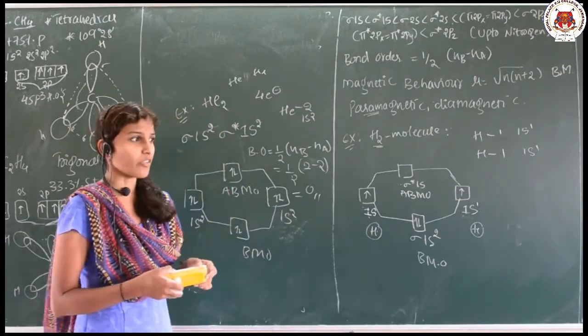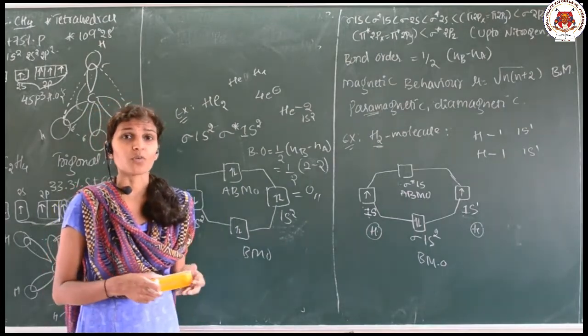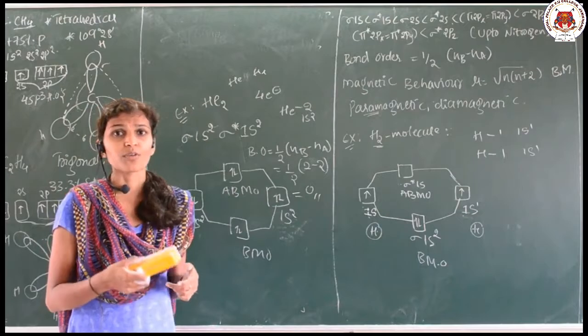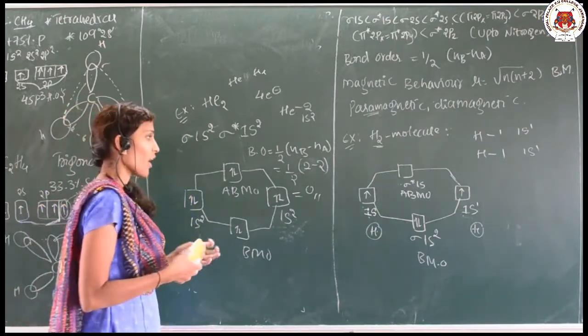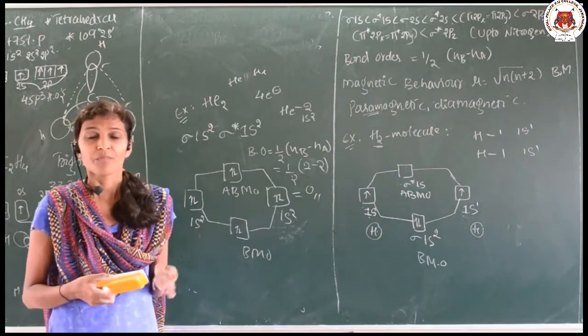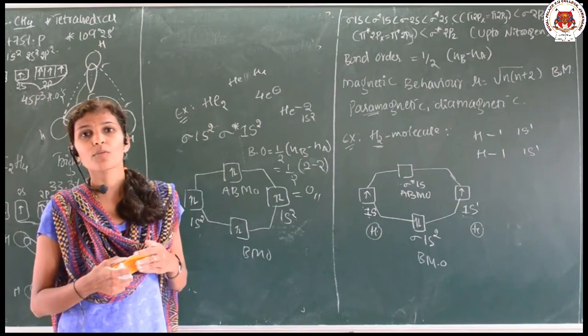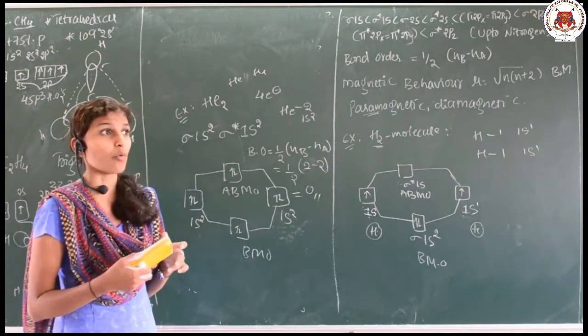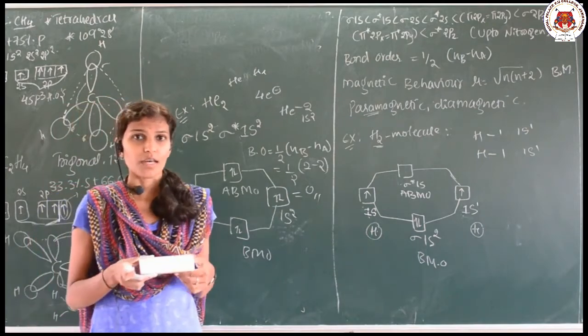Many times I have said hydrogen bond is formed between hydrogen and highly electronegative atoms like nitrogen, oxygen, fluorine. There are two types, intermolecular and intramolecular hydrogen bonding. Intermolecular means between two molecules, intramolecular means the hydrogen bonding takes place within the molecule.